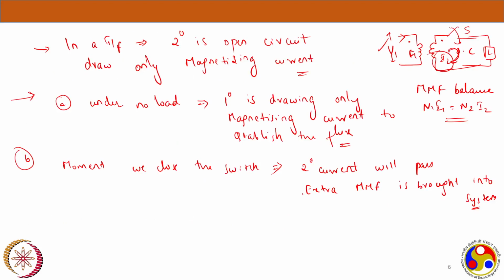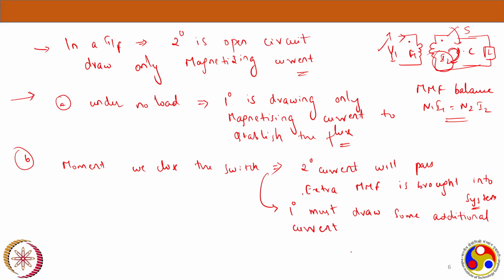Then my primary must draw some additional current along with this magnetizing current. That's the compulsory condition, so my primary must draw some additional current.